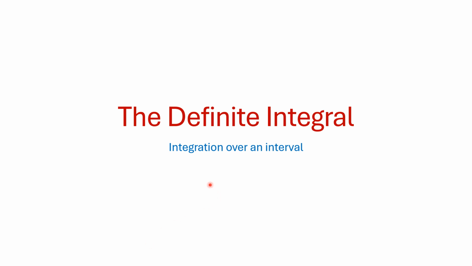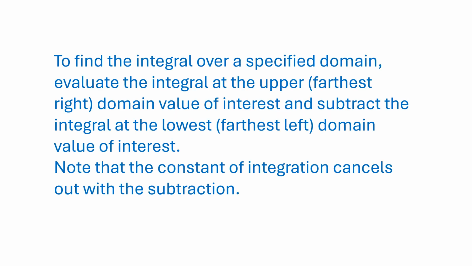The definite integral, integration over an interval. We don't always want an indefinite integral over an area on the curve that goes on to infinity. To find the integral over a specified domain, evaluate the integral at the upper or the right domain value of interest and subtract the integral at the lowest or the left domain value of interest.